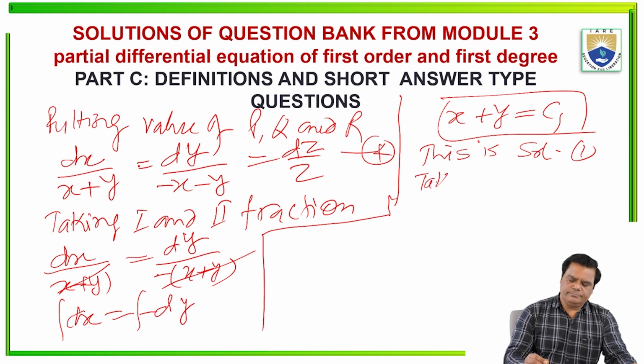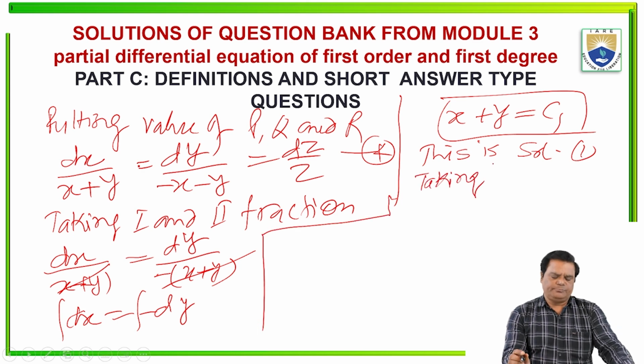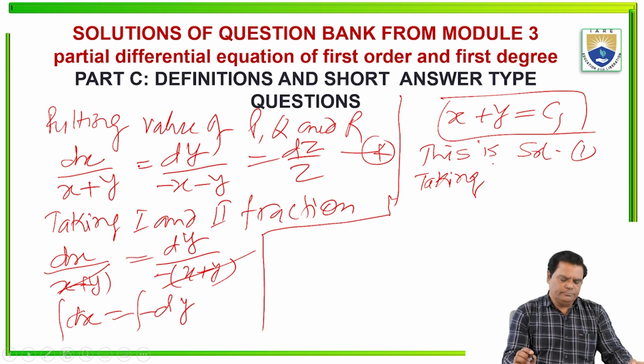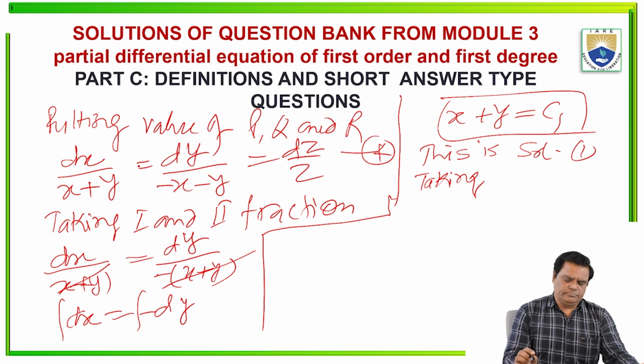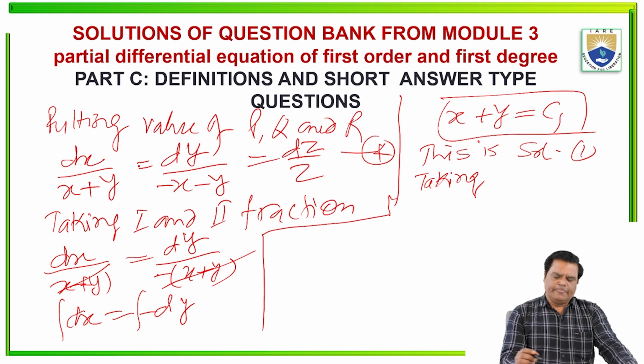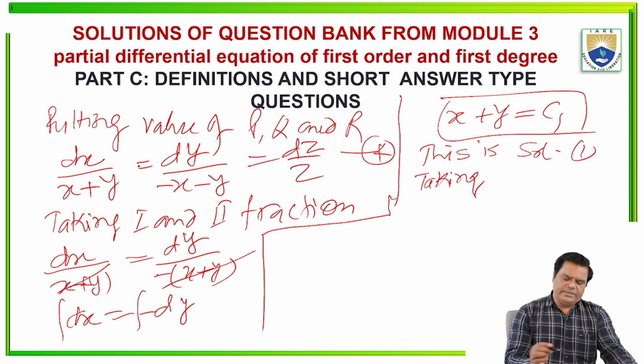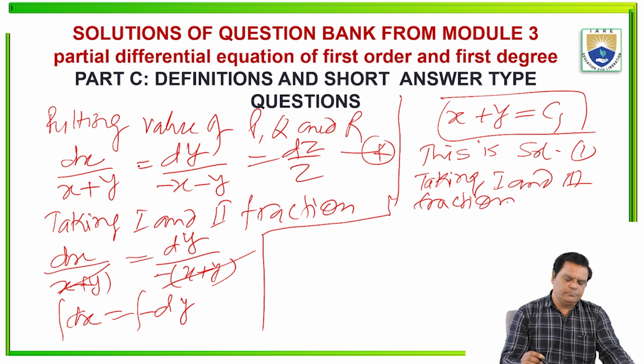Taking the first and third fractions: dx upon x plus y equal to dz upon z.